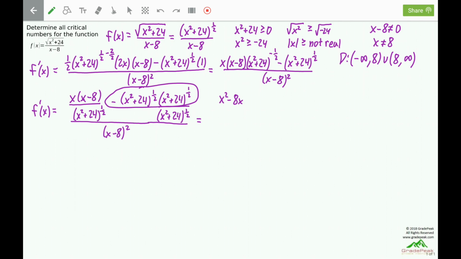Since they have the same base, we can add the exponents. 1/2 plus 1/2 is 2/2, the first power, so it'll be (x squared plus 24) to the first power, but there is a negative in front of it, so it'll stay in parentheses until we distribute the negative in. All this is over their common denominator of (x squared plus 24) to the 1/2 power. And then the entire thing is over the overall denominator of (x minus 8) quantity squared.